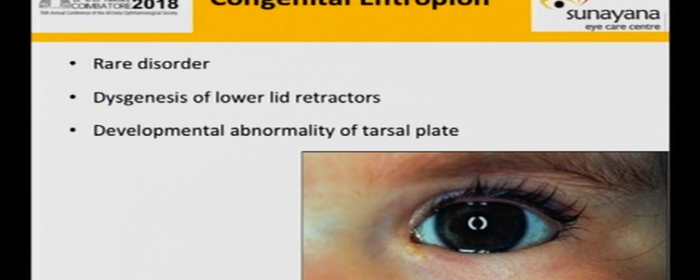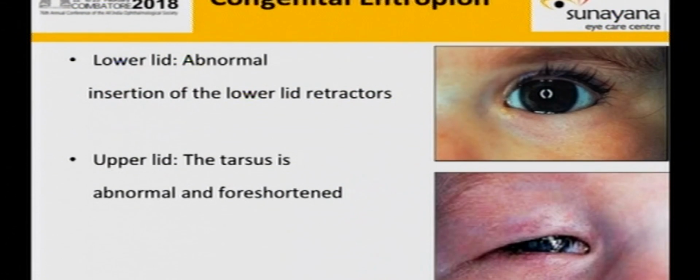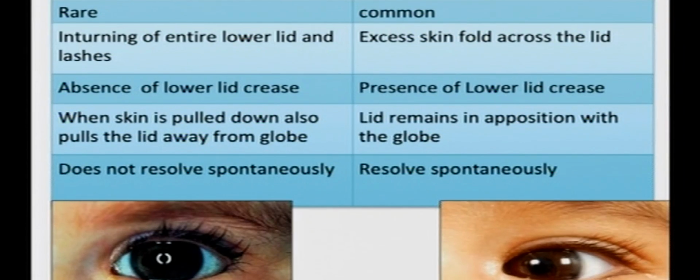There's one entity which is congenital entropion, though not very common. It is associated with developmental anomalies, and it's mainly seen in the lower eyelid, where the insertion is affected. In the upper eyelid, an abnormality of the tarsus would lead to congenital entropion. One interesting fact: you need to differentiate between entropion and epiblepharon in children.